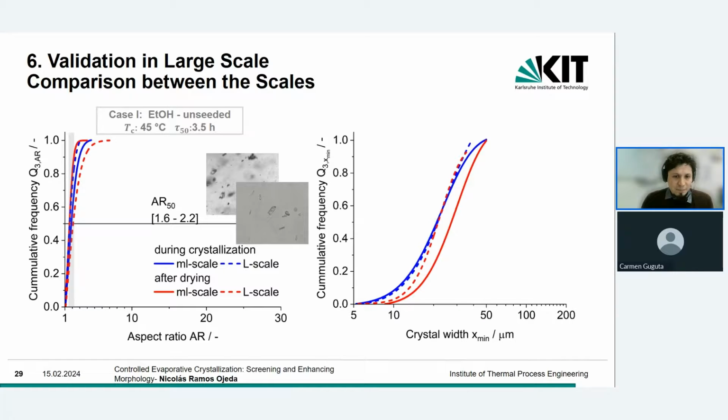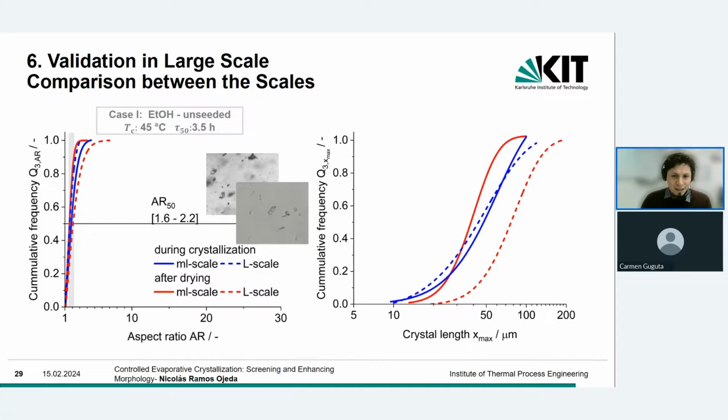Regarding the width, we can also see that at least during the crystallization they had very similar dimensions, and there is only a slight difference after drying between the milliliter scale and the liter scale.